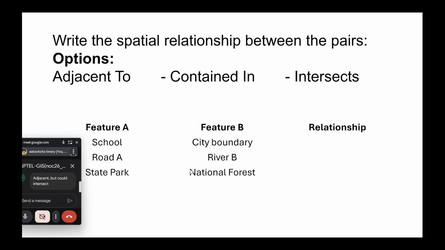So road A and river B is going to intersect, and state park and national forest are going to be adjacent. Okay, so this basically depends on how you are connecting a feature to another feature. Okay, so these relationships are spatial relationships.